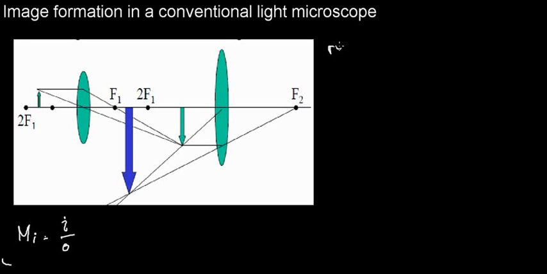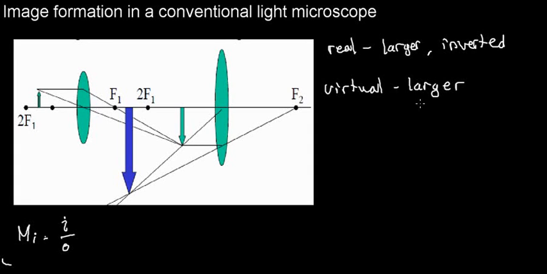Just to recap, a real image is larger and inverted, and a virtual image is also larger and upright.